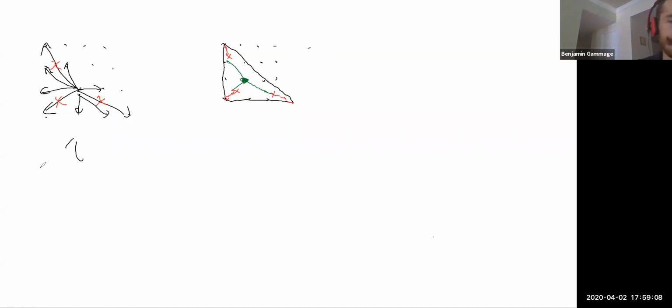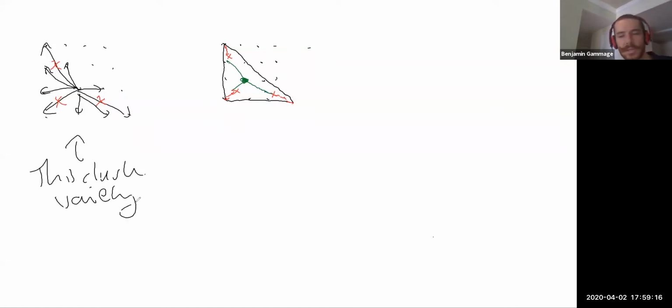the cluster variety obtained by starting with this toric variety and doing the described non-toric blowups is mirror to the result of this thing here.